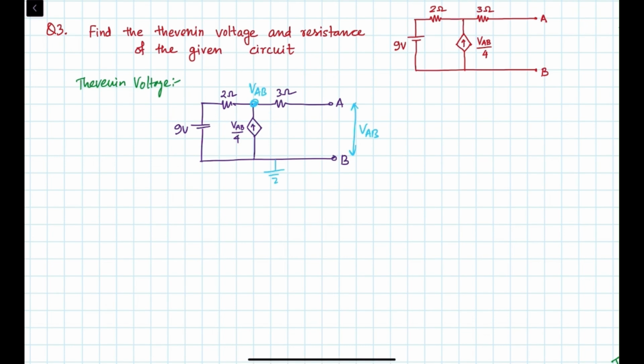You see there will be two currents, one flowing from this side and one flowing from this side. So this current is clear, it is written as VAB by 4. Since this is entering, we will take it as positive, so plus VAB by 4.